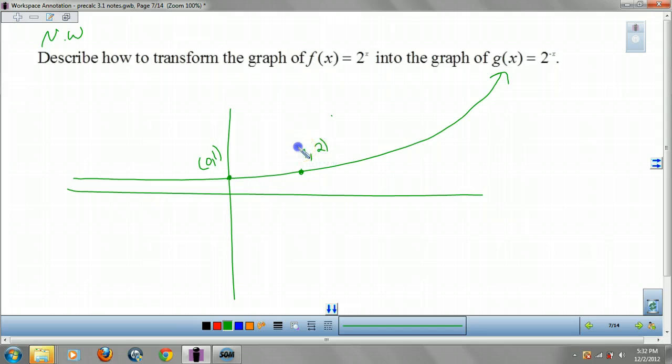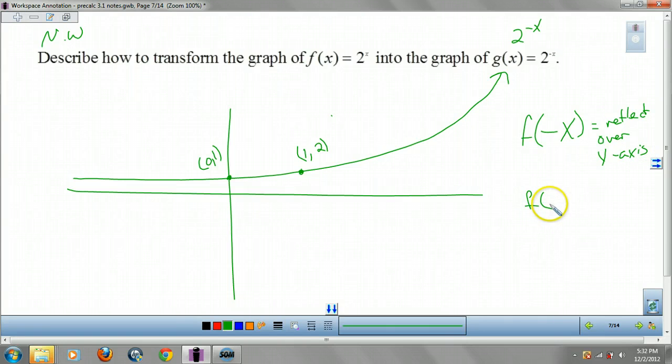Now here we have 2 to the x into the graph of 2 to the negative x. I want to do this as a quick review for you guys. Remember, if the negative sign's by the x, or if it's f of negative x, you reflect over your y-axis. Now if it's f of x, negative out in front, you're going to reflect over the x-axis.